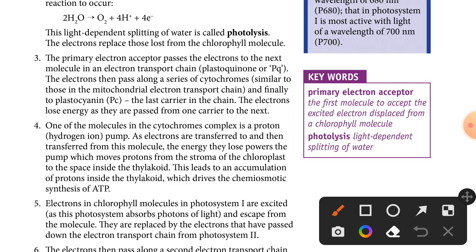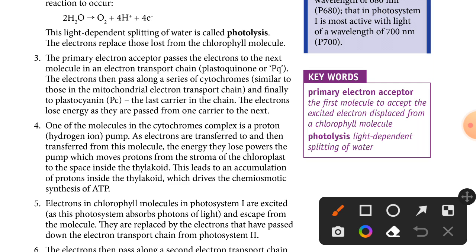One of the molecules in the cytochromes complex is a proton or hydrogen ion pump. Moleculein cytochrome keessa jiru inni kan biraanidha, hydrogen ion pump yookaan proton pump. As electrons are transferred to and then transferred from this molecule, the energy they lose powers the pump which moves protons from the stroma of the chloroplast to the space inside the thylakoid. Gaafa energiin kun transfer ta'aa deemu energiin sun dhaqee maal godha?